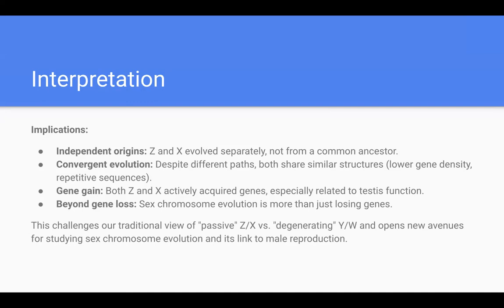And it really shows how sex-determining chromosomes, such as the human Y chromosome and the bird Z and X chromosomes, have changed as they've developed over time. And we agree with the researchers that it opens new avenues for studying sex chromosome evolution and its link to male reproduction, as this change in genes and chromosomes greatly affects how we've studied sex chromosomes in the past and how we will in the future.